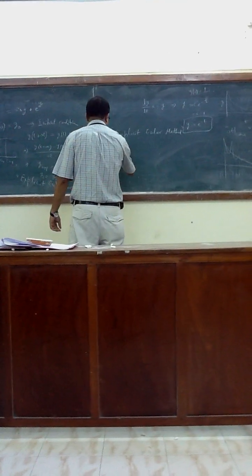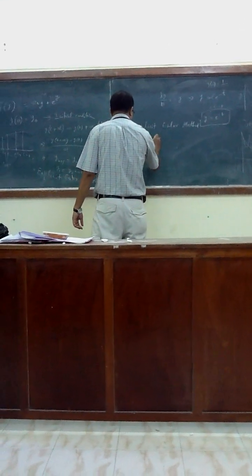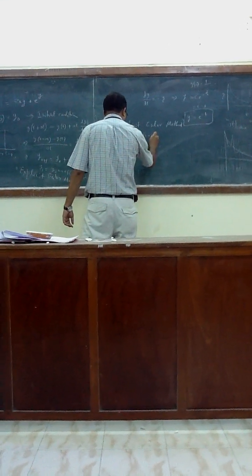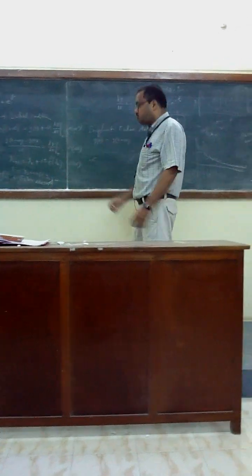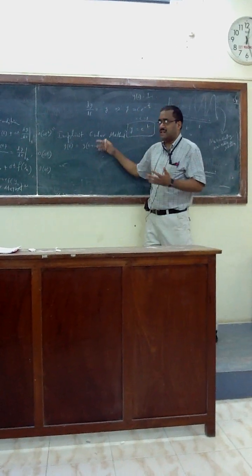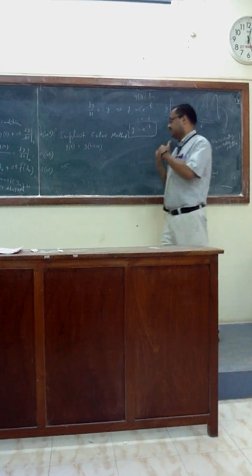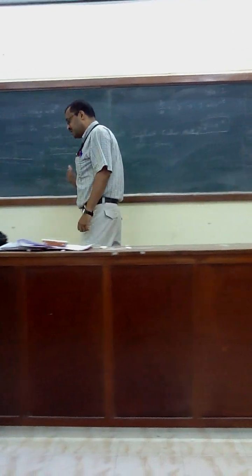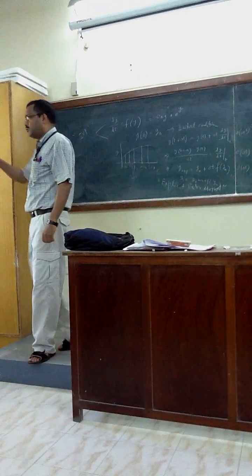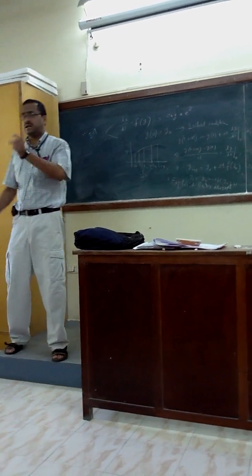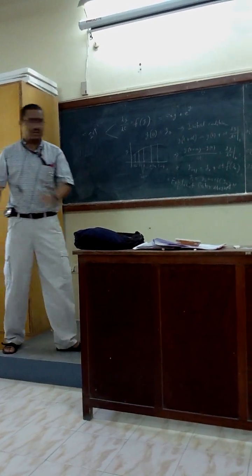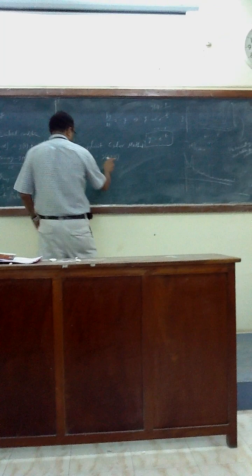So what we can do here, we can write y(t) equals to y(t plus delta t), taking t plus delta t as the reference, using the Taylor series. Like f(x) equal to f(x plus delta x), here h is minus delta x. So what will be the next step?